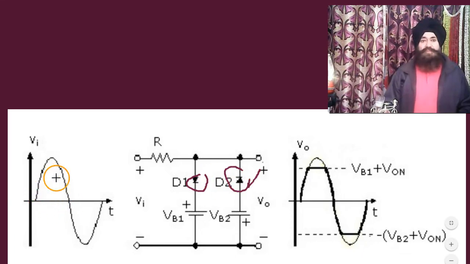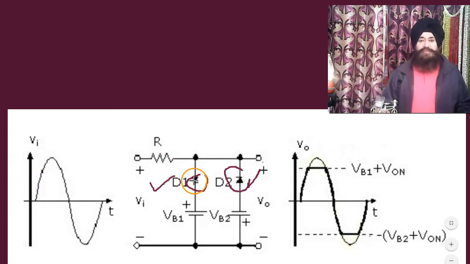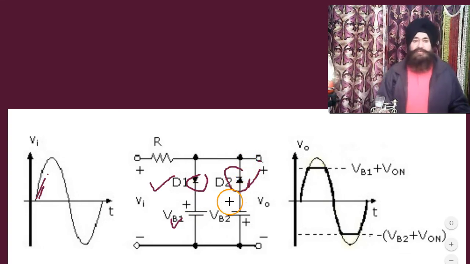But this positive going signal tries to make D1 forward biased. Even when the signal strength is low, because of this voltage, this is reverse biased. So whatever voltage there is appears here at this end, because this circuit is broken.